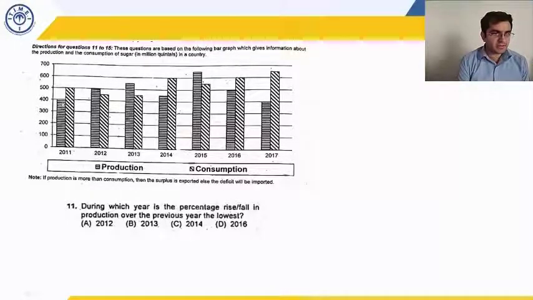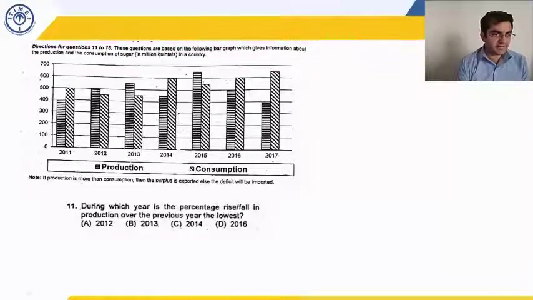The left-hand side bar is the production, the right-hand side bar is the consumption. You are also given that if the production is more than consumption, then the surplus is exported. This is common sense. And if the production is less than the consumption, then the deficit will be imported. Obviously, if you are consuming more than you are producing, then you need to import.